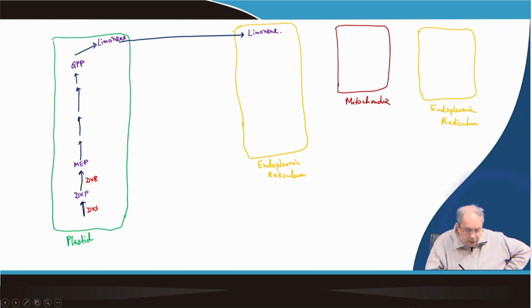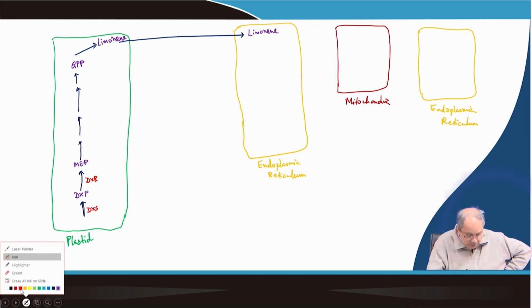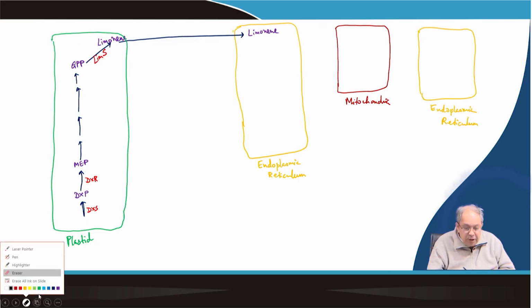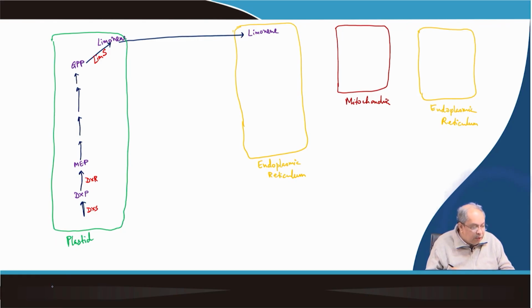Limonene, and the enzyme responsible for this step is limonene synthase. So, limonene synthase basically converts GPP to limonene, and limonene now moves inside the endoplasmic reticulum.